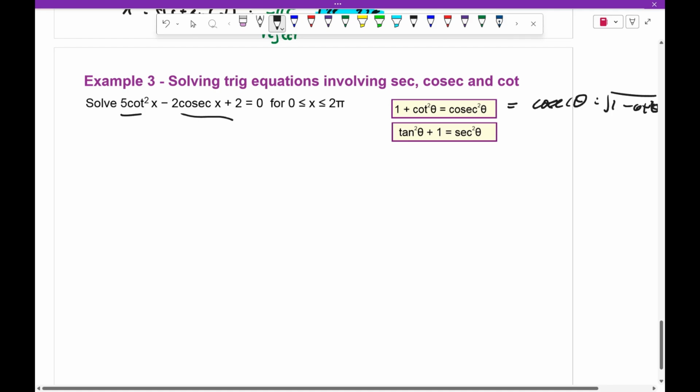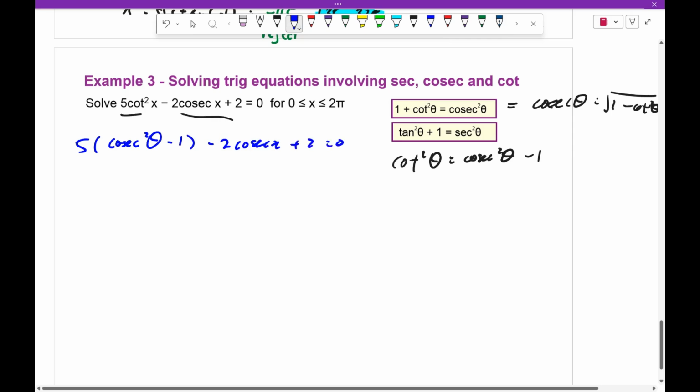The reason is that you will have a square root in your equation. So things are getting more complex, and it's not necessary to be like that. What we can do is replace the cot square as cosec square theta minus 1. So that results in 5 of cosec square theta minus 1, minus 2 cosec x plus 2 equals 0.